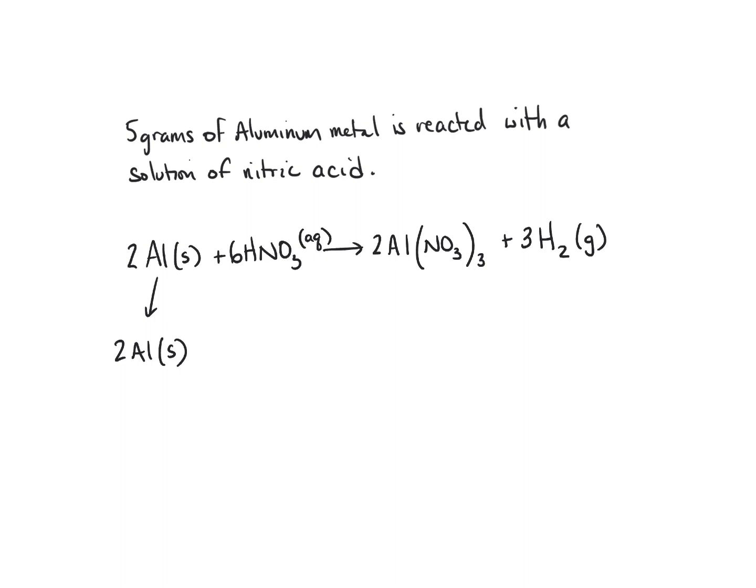How that's going to break up is, the 6 H of the HNO3 is going to be 6 H plus. And then the 6 NO3s is going to be 6 NO3 minuses. HNO3 breaks up into an H plus ion and an NO3 minus ion.